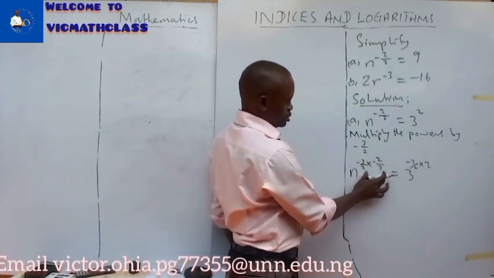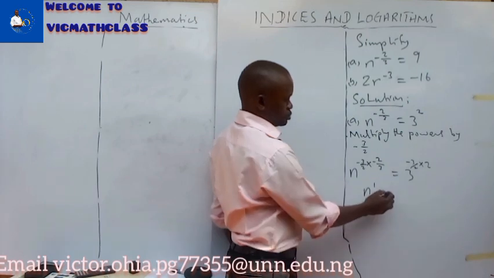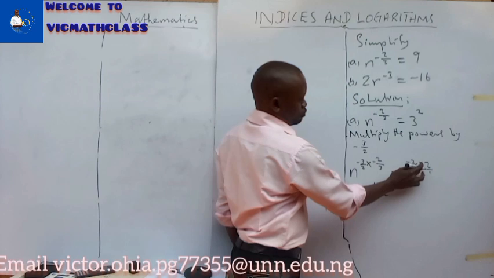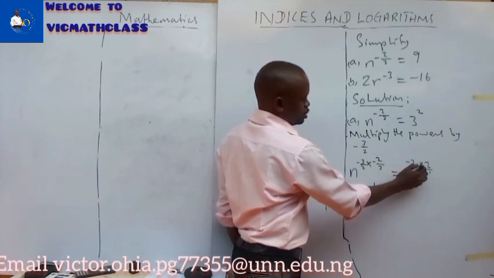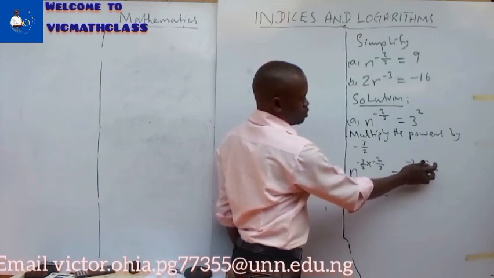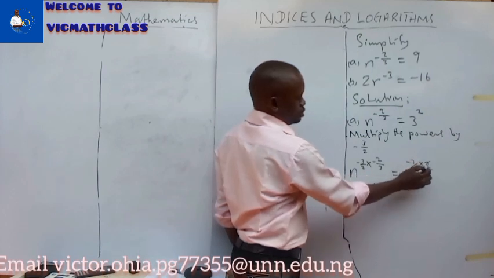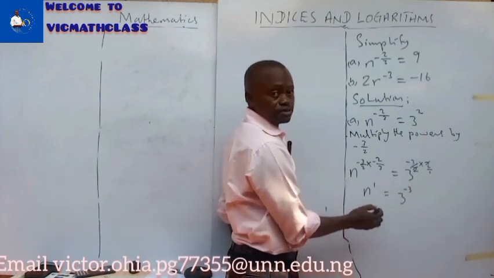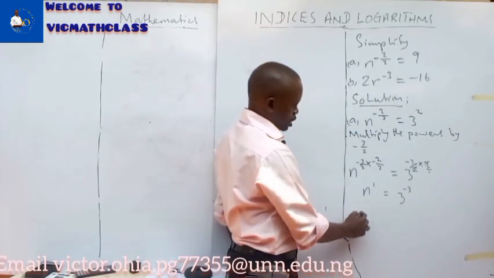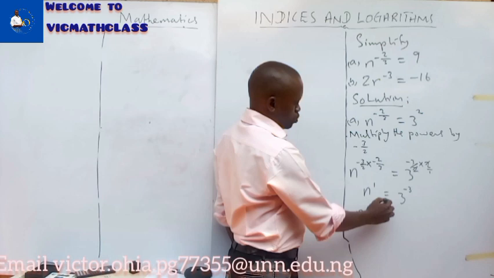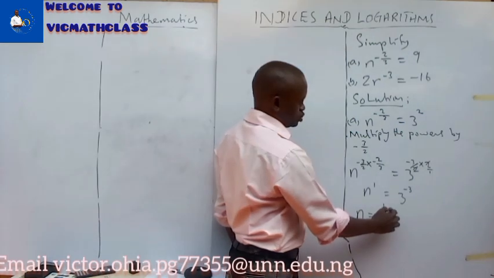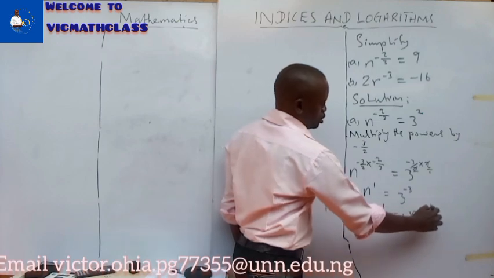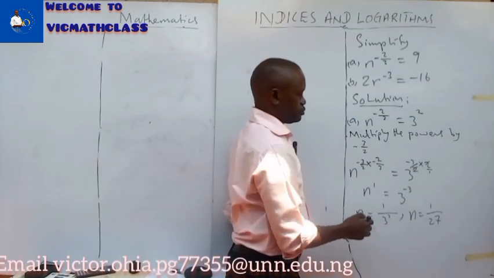So do you see that this is now n raised to power 1 equals, minus 3 over 2 multiplying 2 over 1, which takes away the 2, and we have 3 raised to power minus 3 left. So n is now equal to 1 over 3 cubed. That means n is equal to 1 over 27.